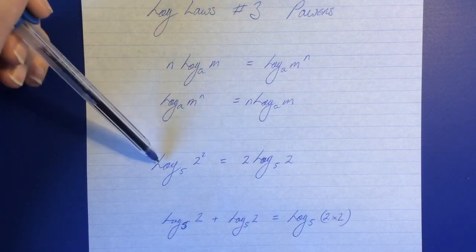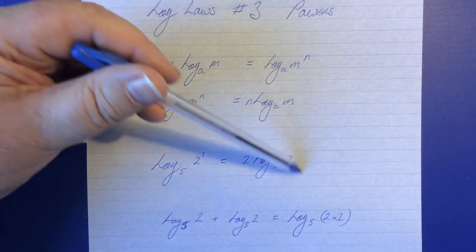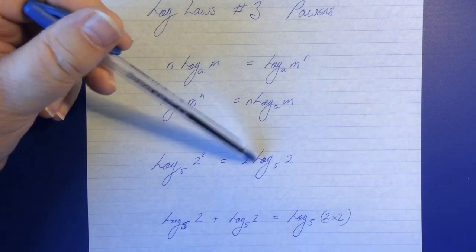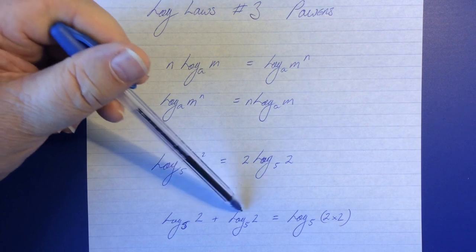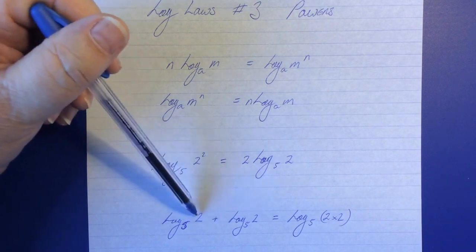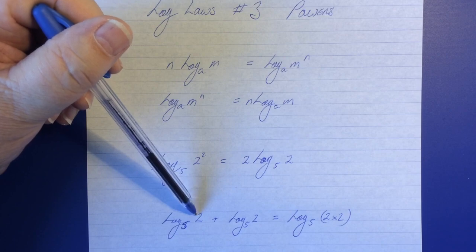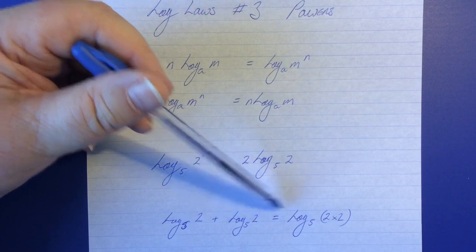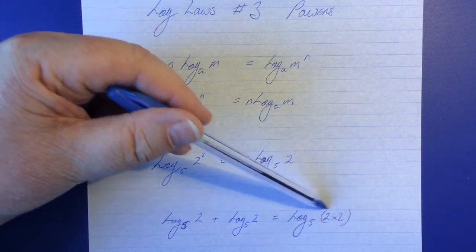So let me just run through that again. This is equivalent to this expression. 2 of these are represented here. 1 of them plus 1 of them. The first log law, which says that if the bases are the same, you can multiply these numbers, means that we can simplify to this.